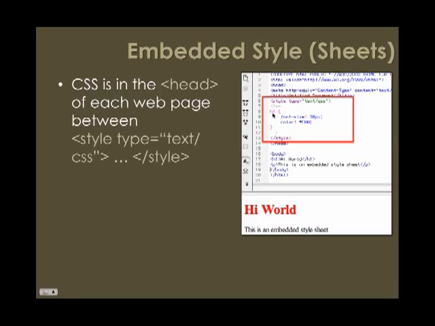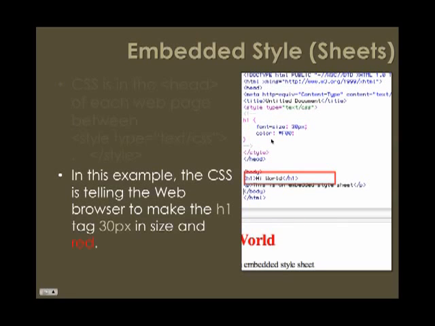In this case you can see the H1 tag is being defined as size 30 pixels and a red color font, and then the style tag closes. You can see how down here in the HTML it doesn't say anything, it just says the H1 tag. Where we tell your browser how to format those H1 tags is right here in the head tag of the HTML page.